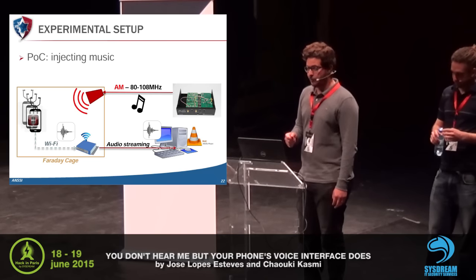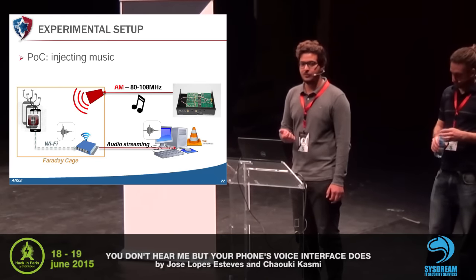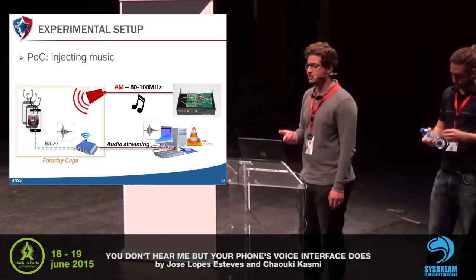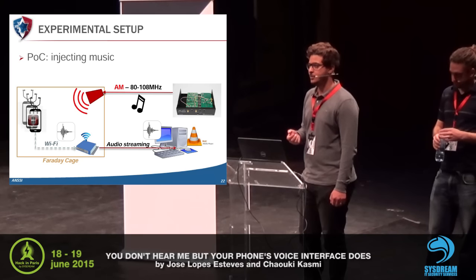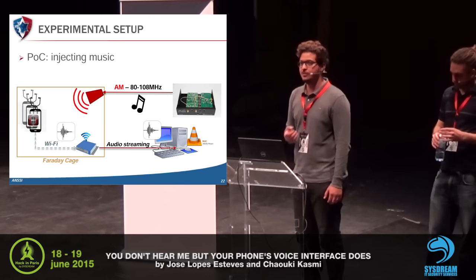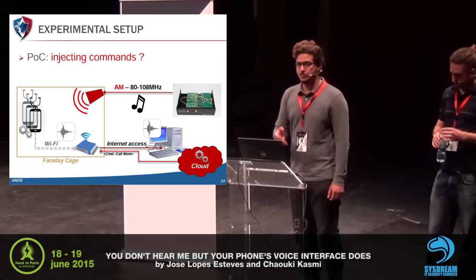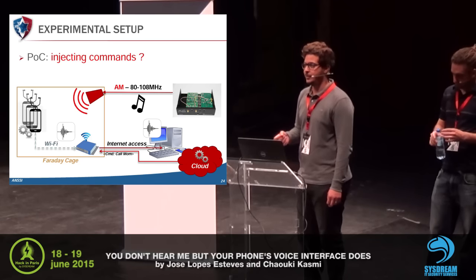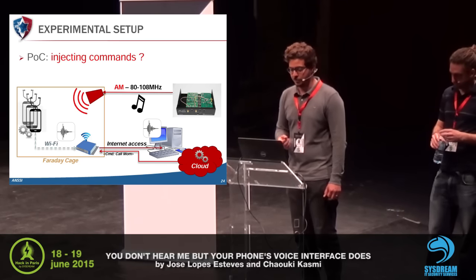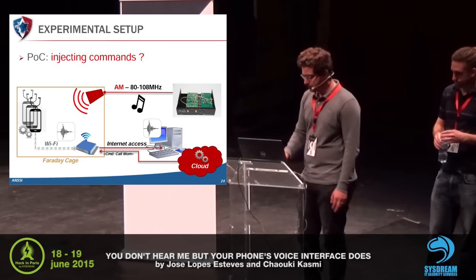Another point is that when you are using the voice command interface, you need to have internet access. You may be using Wi-Fi or the mobile communication interface. So we decided to use Wi-Fi in the Faraday cage to provide remote access to the internet.